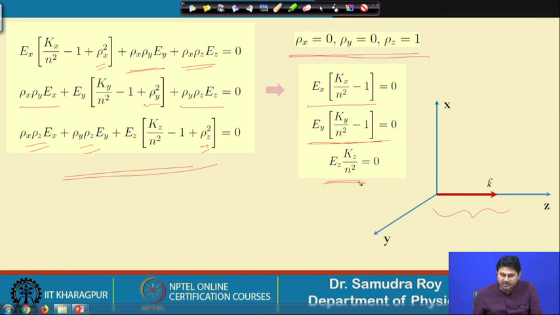These equations suggest that when I launch my k vector in the z direction, there will be no z component of the electric field.